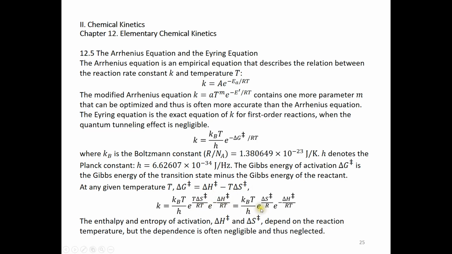One is e to the power of entropy of activation over R. The other is e to the power of negative enthalpy of activation over RT. The enthalpy and entropy of activation both depend on the reaction temperature, but that temperature dependence is often small, and often neglected.